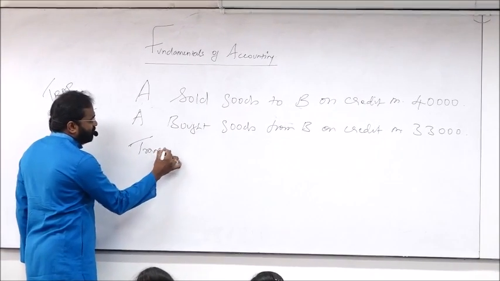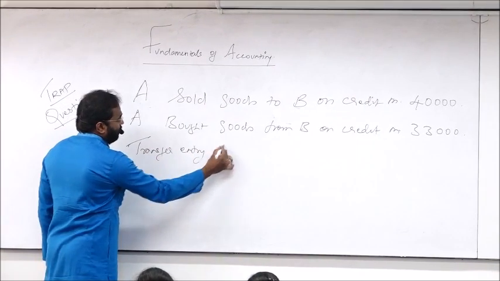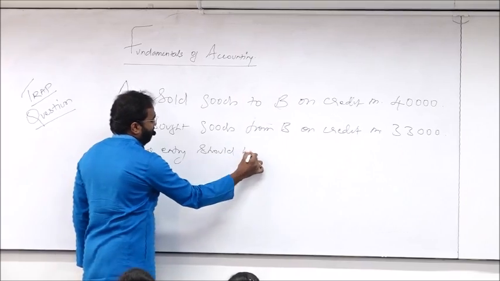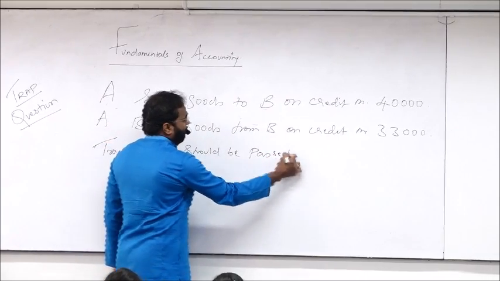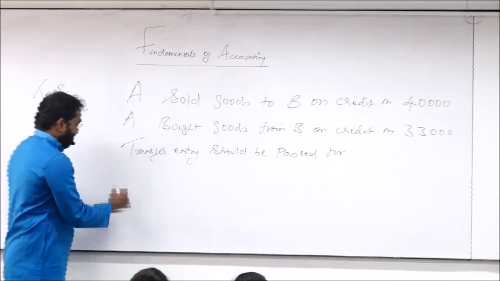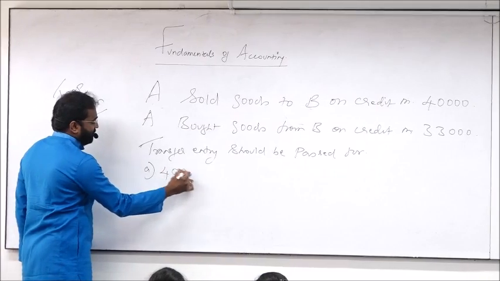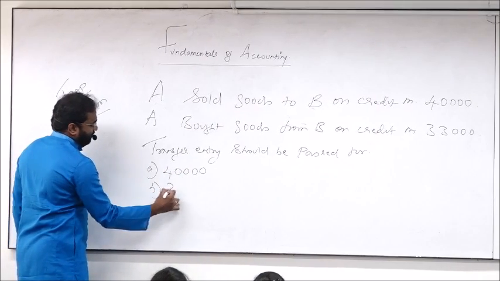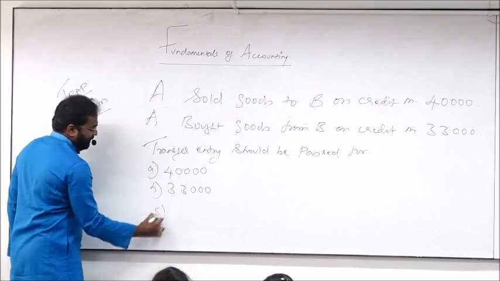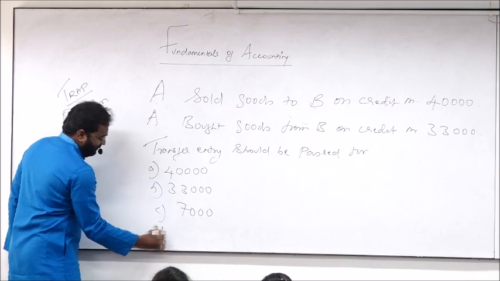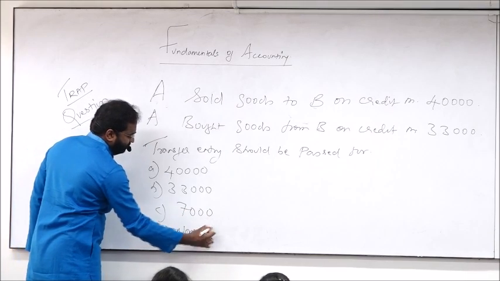Transfer entry should be passed for: A) 40,000, B) 33,000, C) 7,000, D) none of the above.